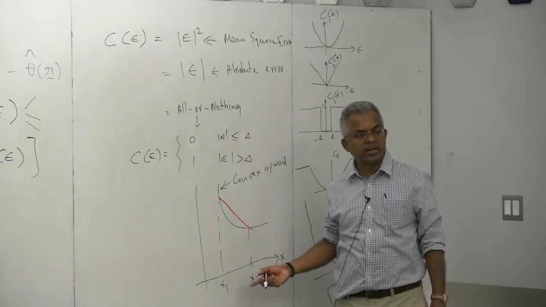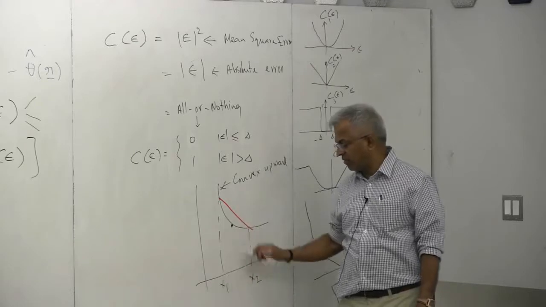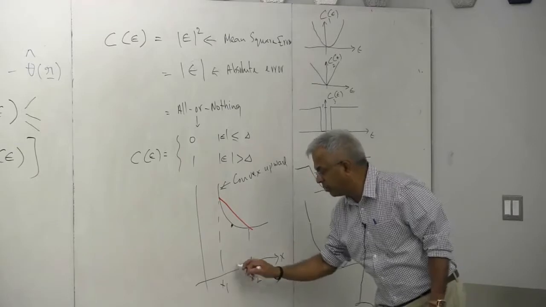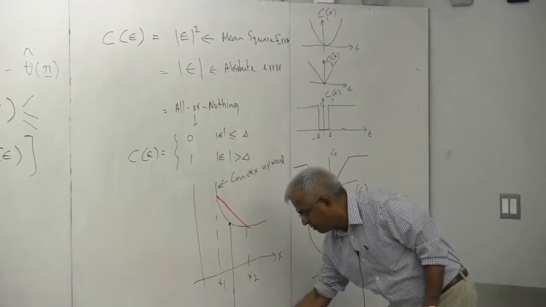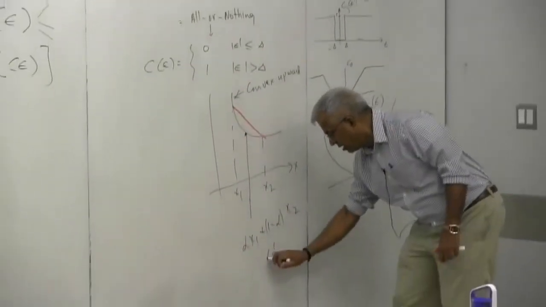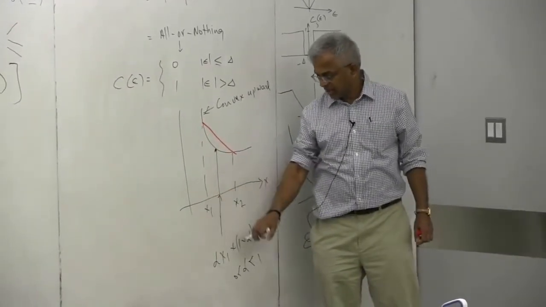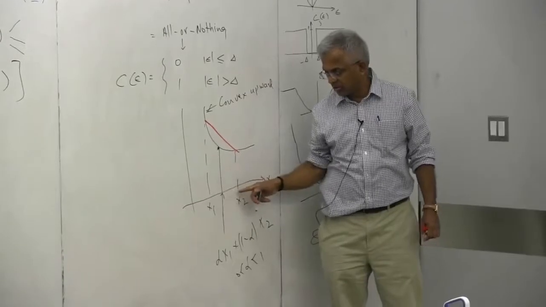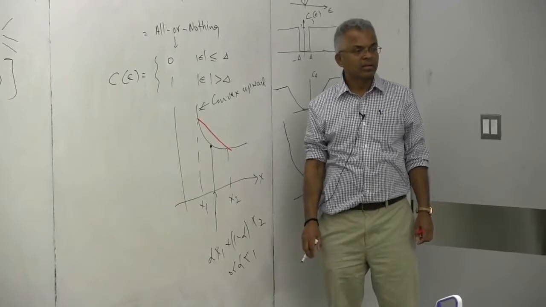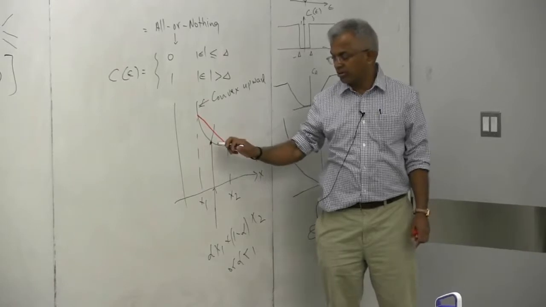Linear combination is like adding and dividing by 2, which gets you somewhere in the middle. But for a general one, I'm going to take a point alpha x1 plus 1 minus alpha x2, where alpha is between 0 and 1. Because this is going to be between x1 and x2. Alpha equal to half is the middle point. And then you see two interesting things. This is the property of a convex function.